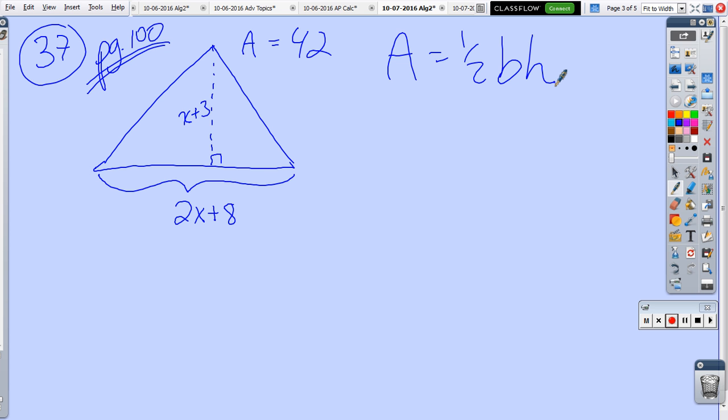So area, we're just going to plug in values, right? The area is 42, so I'm going to let area equal 42. 1/2. What's the base of this triangle? Yeah, 2x plus 8. Make sure you use parentheses. It's that full value. And the height, again, make sure you use parentheses, is x plus 3.